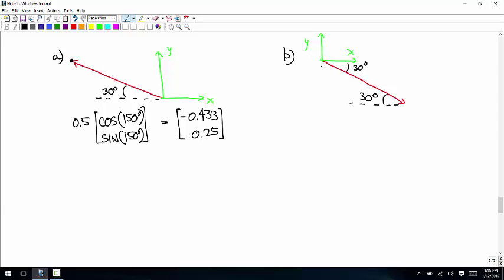Okay, so in this case now, it's either 360 minus 30, so 330, or you could just go negative 30, and you get 0.5 times cosine of negative 30, sine of negative 30.